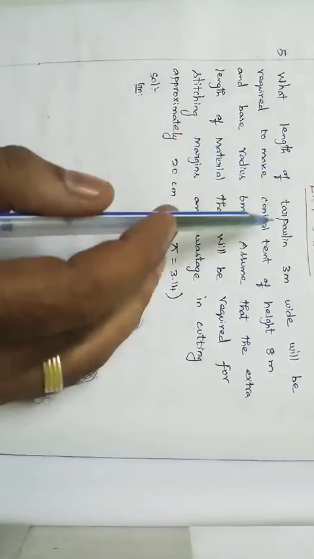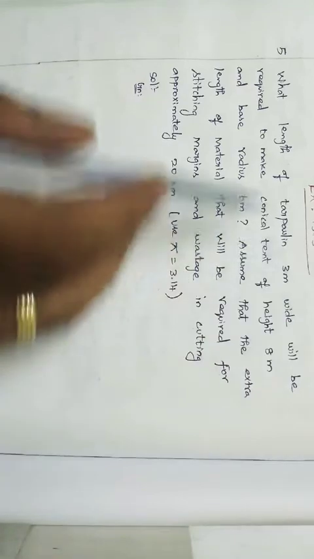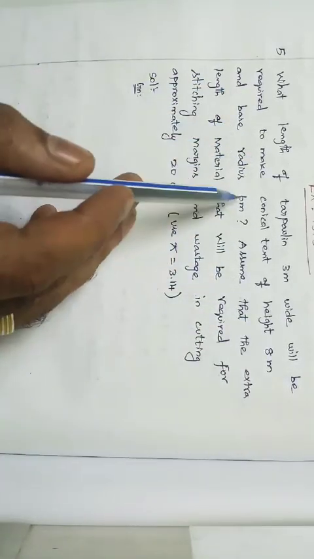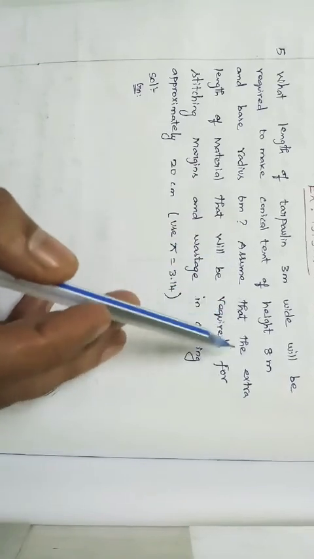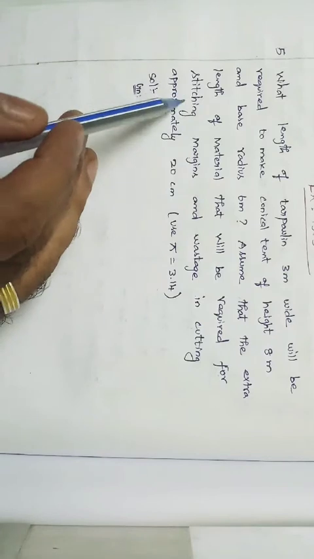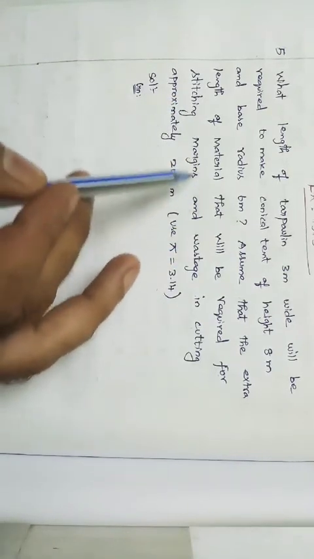What length of tarpaulin 3 meter wide will be required to make a conical tent of height 8 meter and base radius 6 meter? Assume that the extra length of material that will be required for stitching margins and wastage in cutting is approximately 20 centimeter.